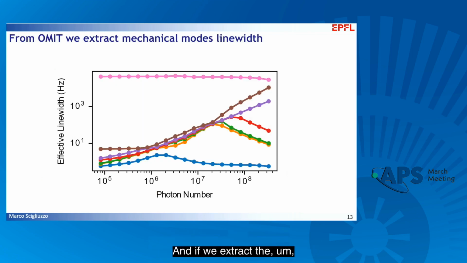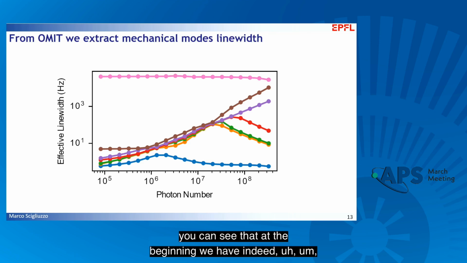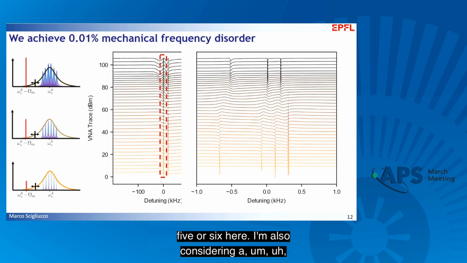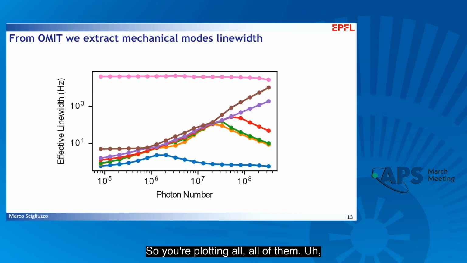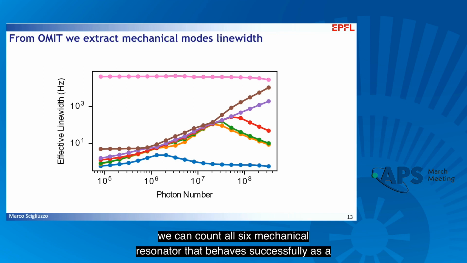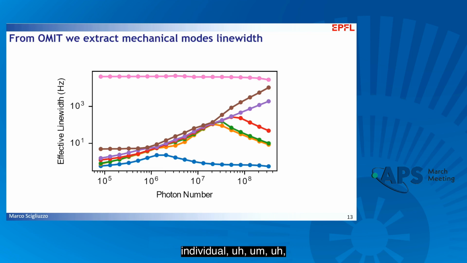If we extract the line width of each individual mechanical resonator, you can see that at the beginning we have indeed 5 or 6. Here I'm also considering, unfortunately, one of the mechanics is very far off. So here I'm plotting all of them. We can count all 6 mechanical resonators that behave exactly as individual resonators.